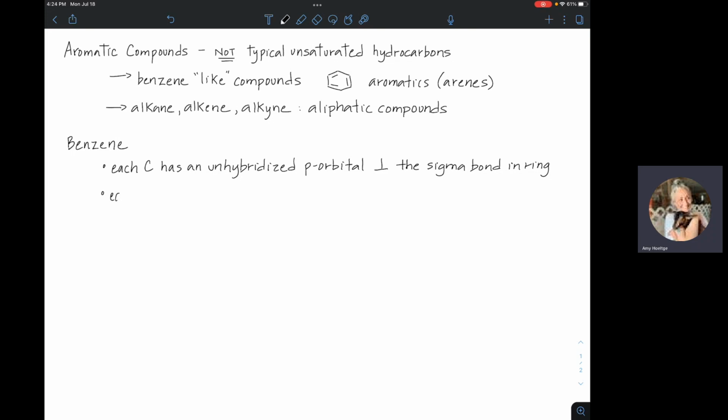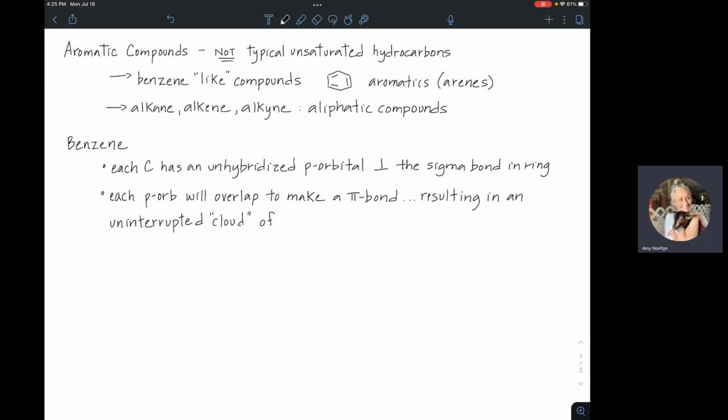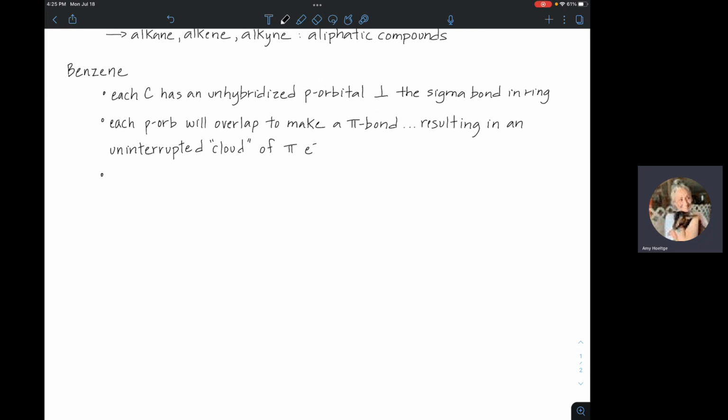So each unhybridized p orbital will overlap to make a pi bond, and this is going to result in an uninterrupted sort of cloud of pi electrons. The molecule is flat, and the word that we use for that is planar.